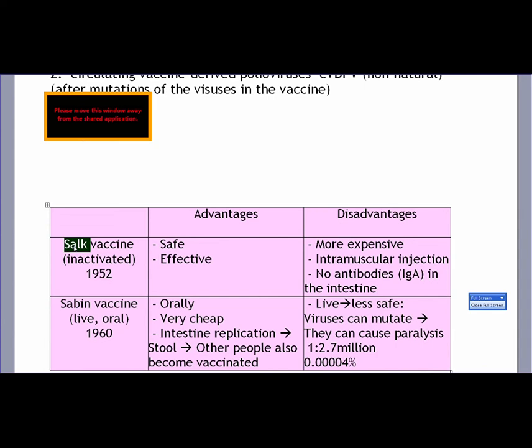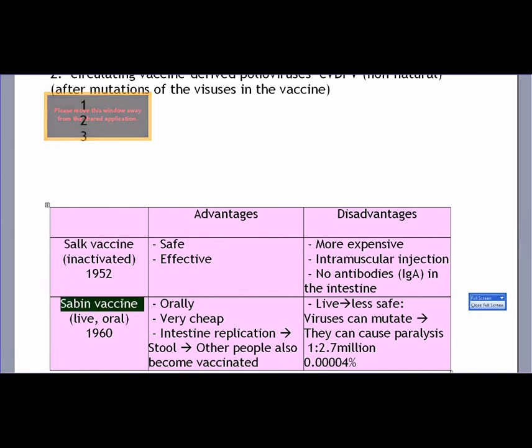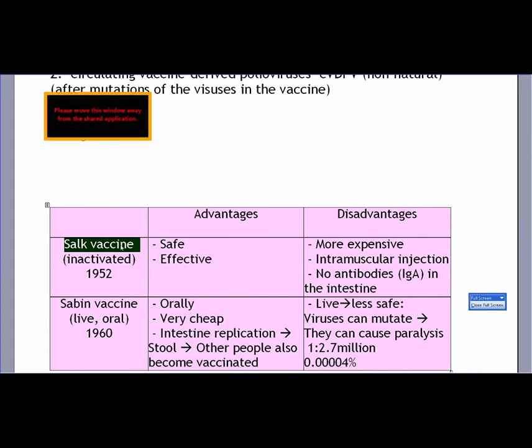Until now, children in Vietnam have been vaccinated with the Sabin vaccine. Even now, even this year, children are vaccinated with the Sabin vaccine. However, to my knowledge, but I am not very sure, this year in Vietnam, at least one of the doses of the vaccine is the Salk already.